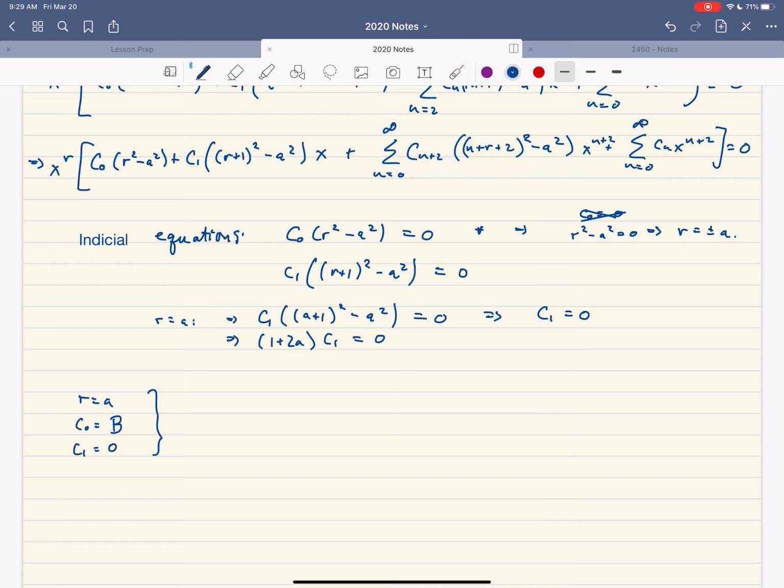So we're going to also have the recurrence that C sub n plus 2 times the quantity, well, let's see, if r is a, then this is going to be (n plus a plus 2) squared minus a squared, plus C sub n is going to be equal to 0.